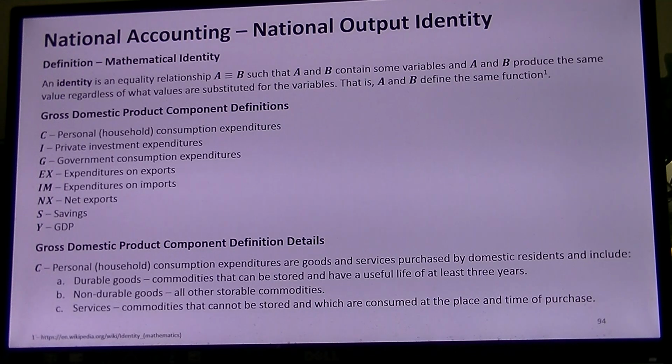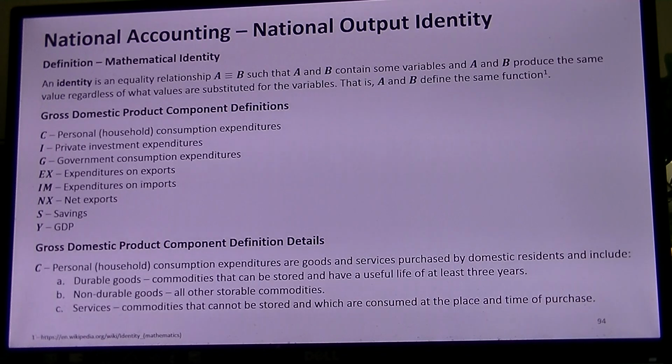The details on that: C, personal household consumption, covers durable goods. That's goods such as automobiles, computers, and other items that last for a while.